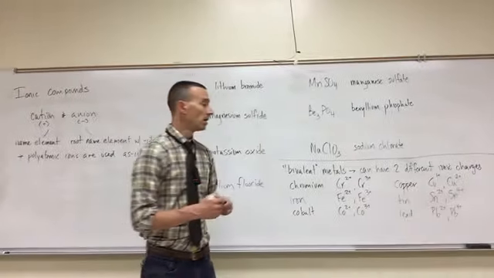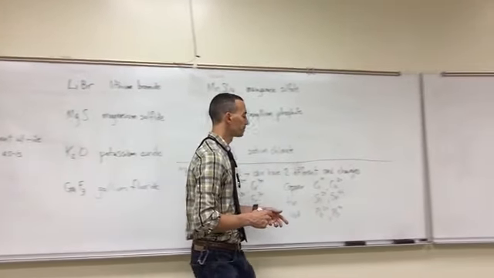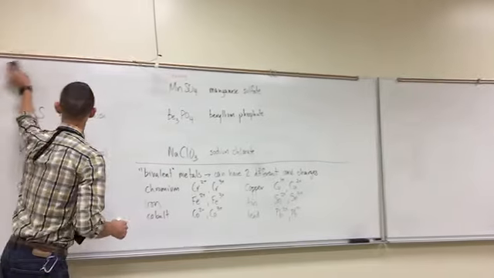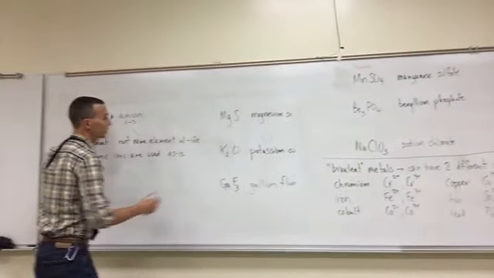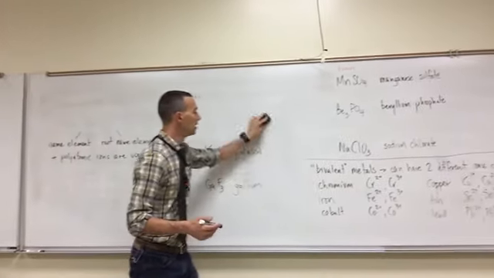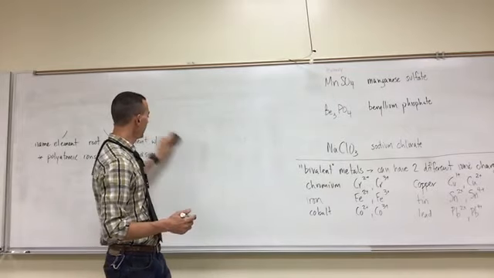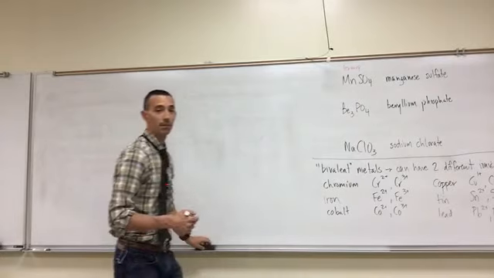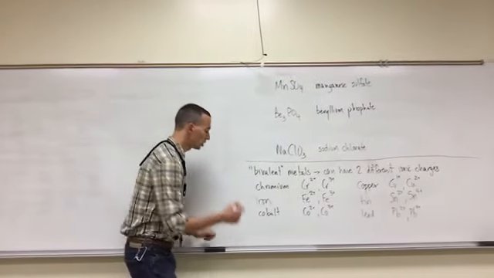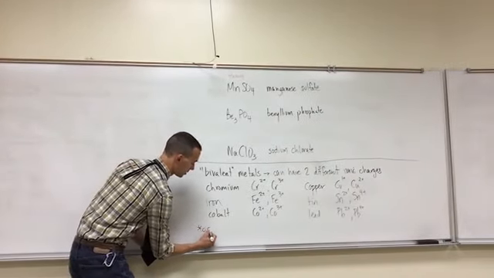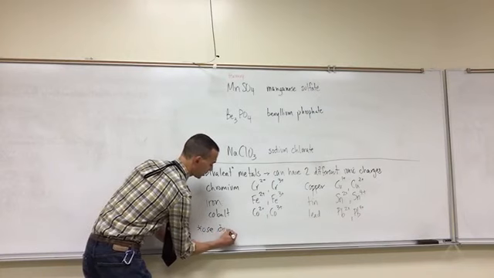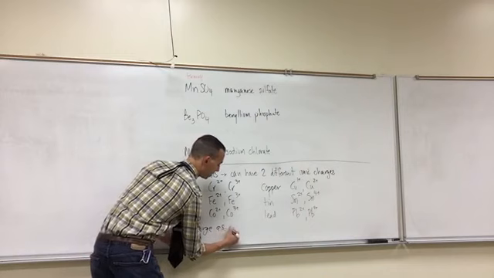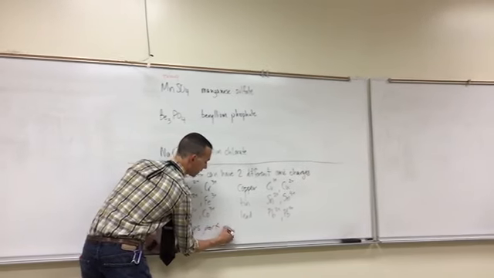Okay? So how we handle this bivalent component when we encounter one of these metals is by indicating its charge as part of the name. Okay? So we'll use the ionic charge as part of the name.